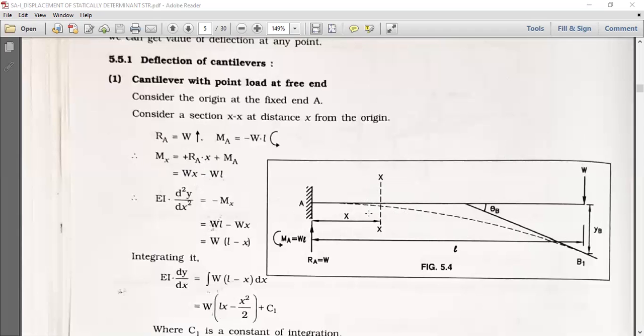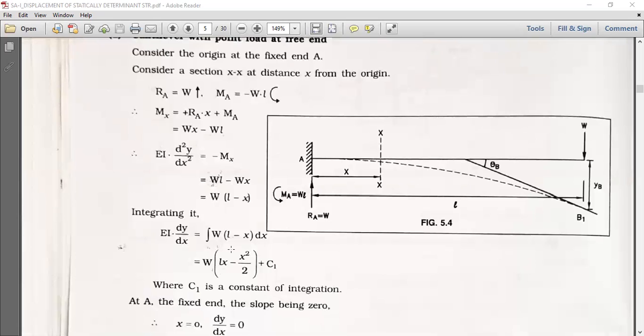Now integrate it. EI d²y/dx² is equal to minus Mx. It is the equation of deflection. Put in the value WL minus Wx, and put the common term out: EI d²y/dx² is equal to W, taking it common, (L minus x).